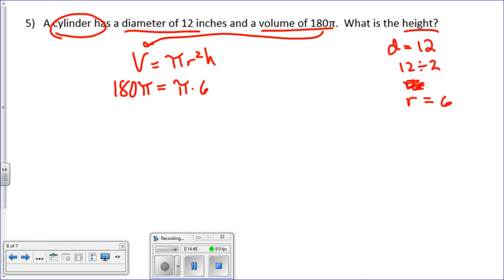Okay, so this is 6 squared times h. So 180 pi is equal to 36 pi h, and now if I'm solving for h, I have to do the opposite. The opposite of multiplying by 36 pi is dividing by 36 pi.